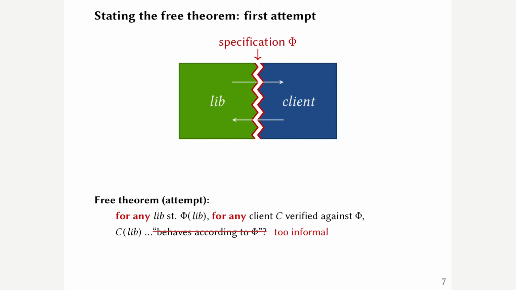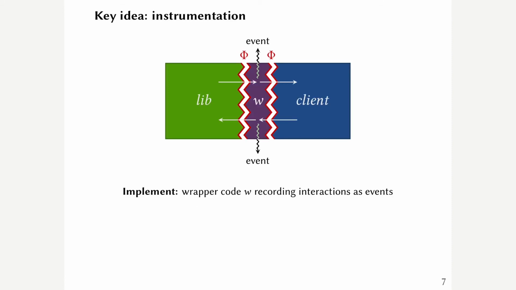So what can we do? Well, the key idea of this work is to add a spy. So instead of directly linking the library with the client, we will implement an additional piece of code W, which acts as a wrapper on top of the library and is going to spy on its interactions with the client.